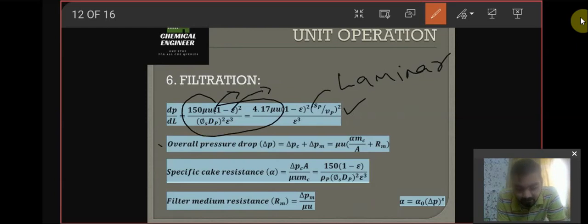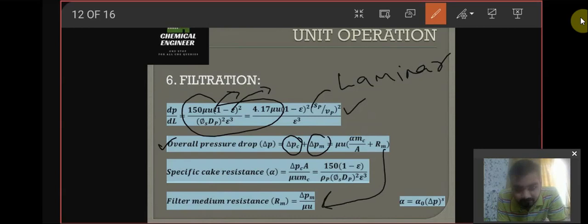The overall pressure drop in filtration is the pressure drop due to the cake plus the pressure drop due to the membrane or the material. That is given as mu into v into alpha mc divided by A plus Rm, where Rm is the membrane resistance given as delta p m divided by mu into v.